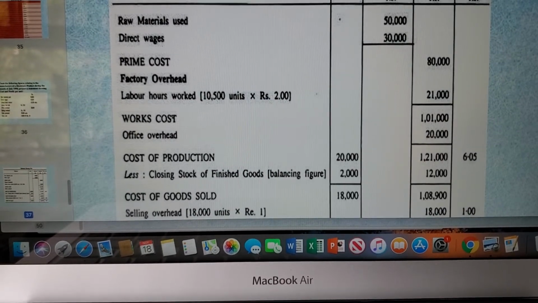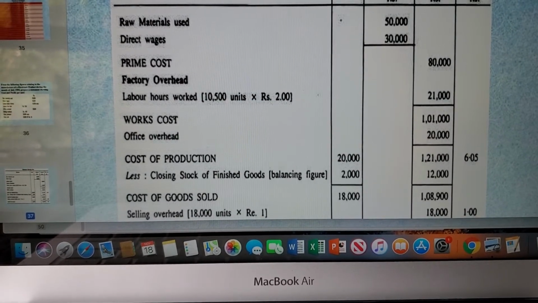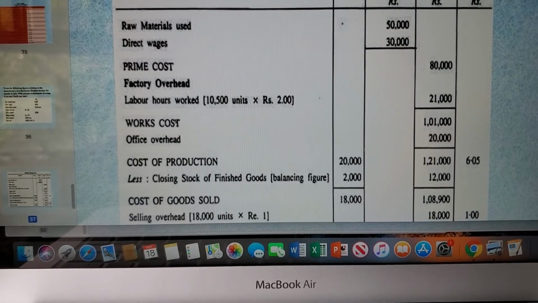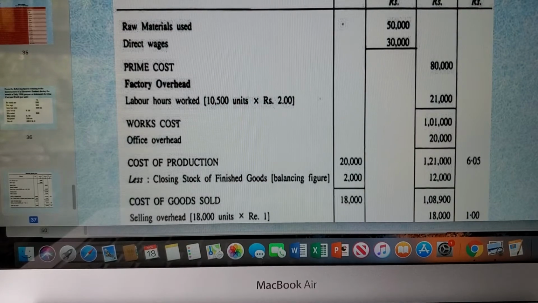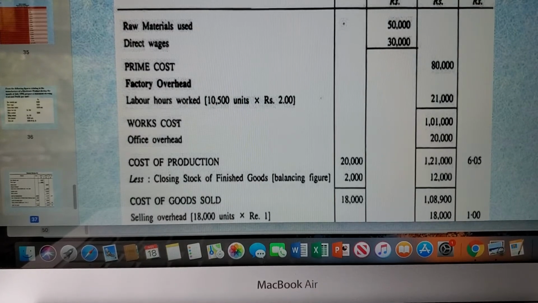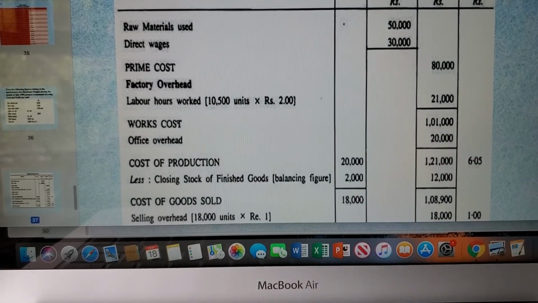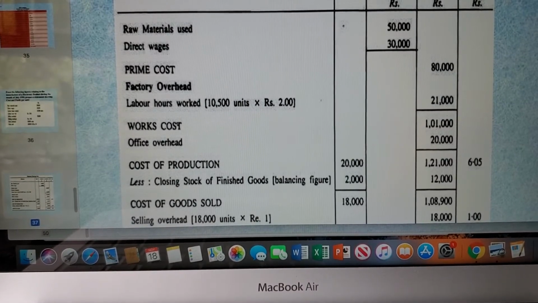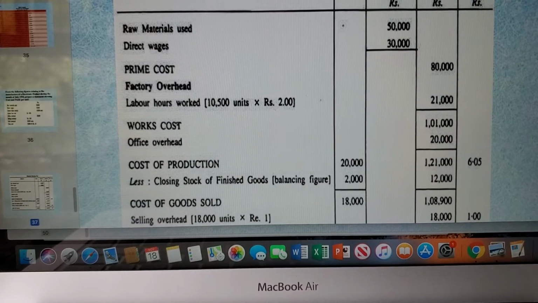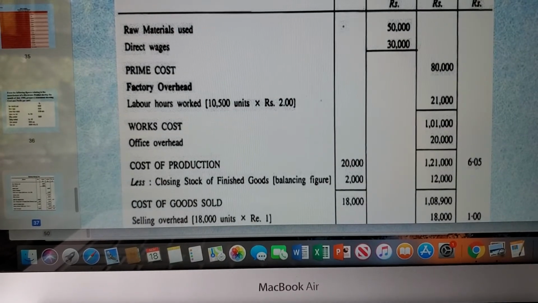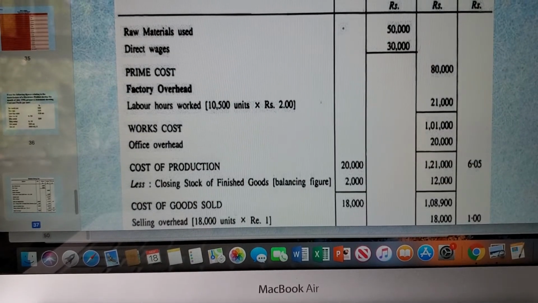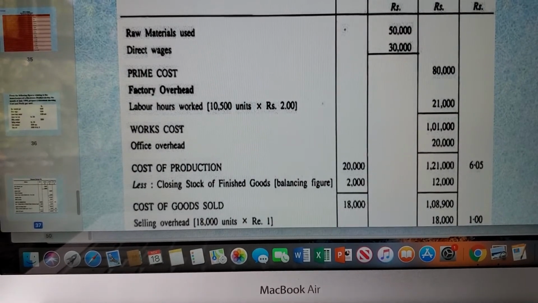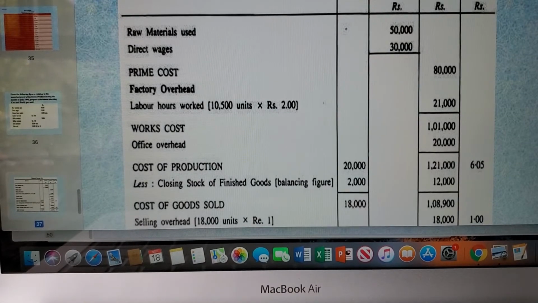Office overhead is 20,000, you write in the fourth column. So cost of production is the next element. Under the second column, which is headed unit, you write 20,000, and in the fourth column you write 1,21,000, and in the fifth column you write 6.05.